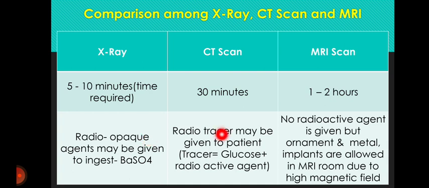And in case of CT scan, a radio tracer may be given to the patient. Radio tracer is a radioactive element which is linked with glucose. But in case of MRI scan, no radioactive agent is used, but keep in mind, due to the magnetic field, any kind of metal, ornament or implants must be kept out of the room.